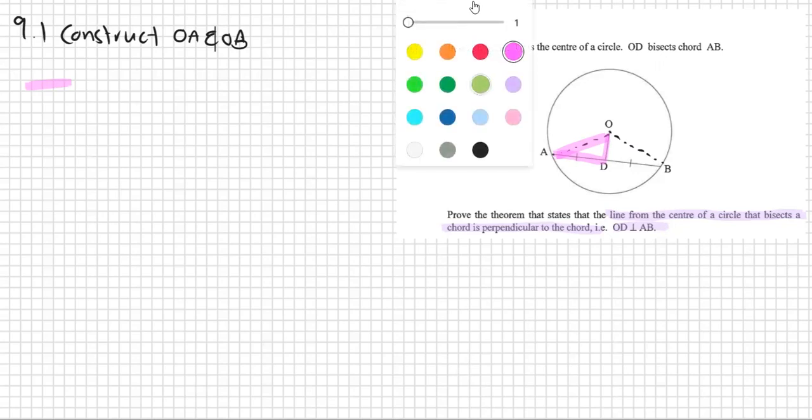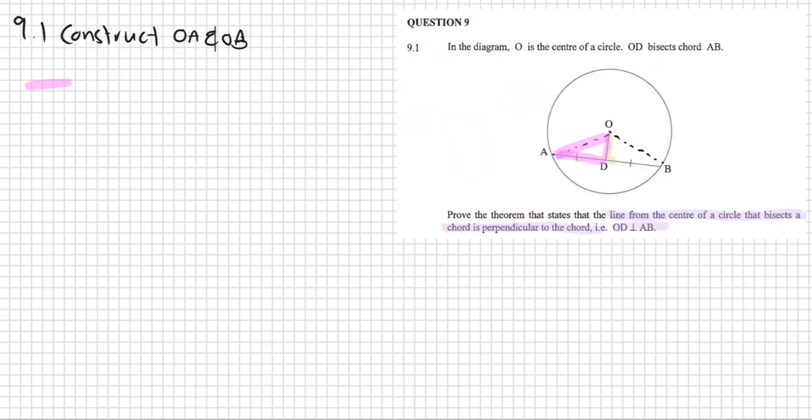If they're exactly equal, they're going to be congruent. So we do our congruency proof, which is in triangle ADO and BDO.